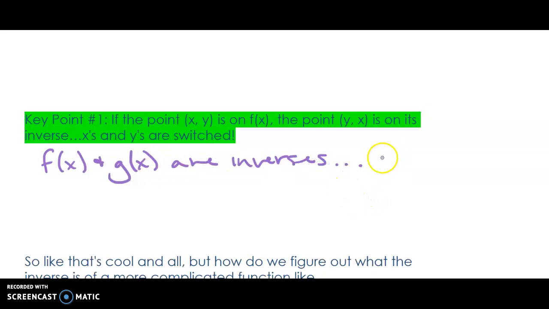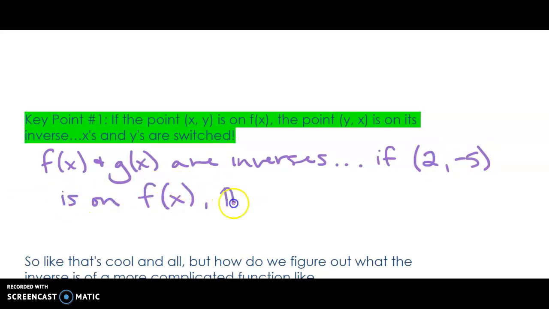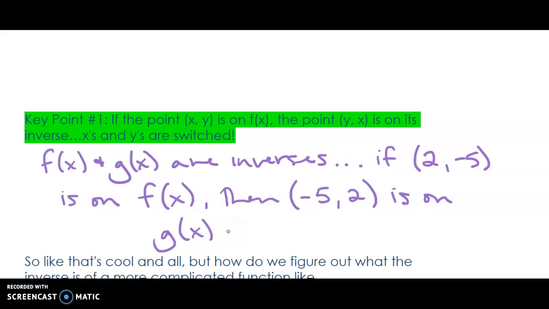If the point 2 comma negative 5 is on f of x, then that means that the point negative 5 comma 2 is on g of x. That is exactly the kind of conclusion that we can make based on this first key point. And that is going to be a really handy piece of information for us as we move forward.